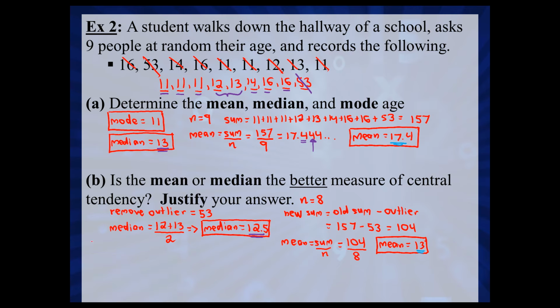So I can say the median is the better measure of central tendency compared to the mean anyways.